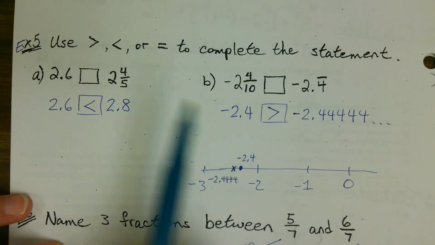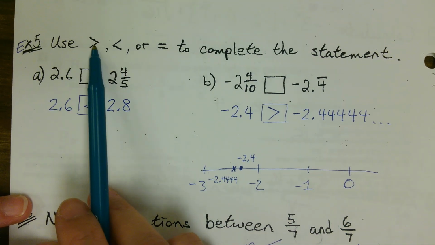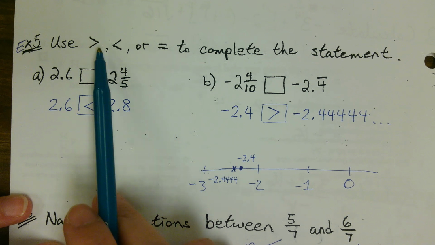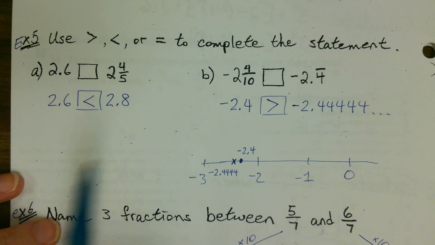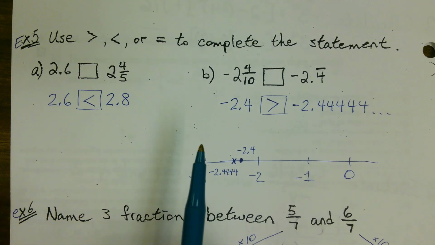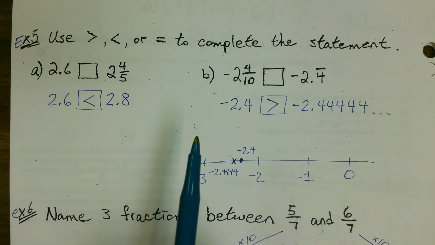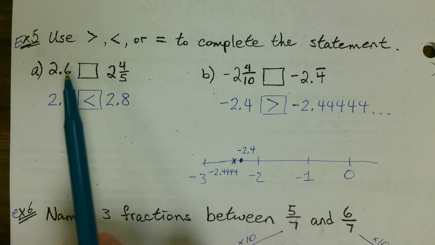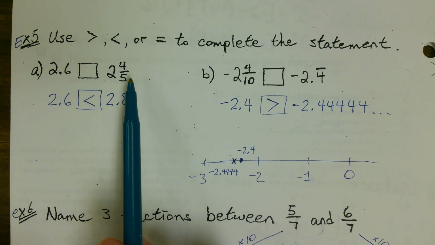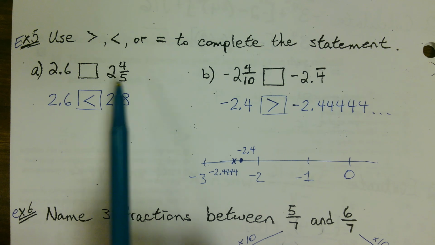Okay. Example 5. Using these inequality signs, greater than, less than, or equal to, complete the statement. So yesterday we did some work with inequalities already, but this time we're going to compare two rational numbers. So a decimal with a mixed number.